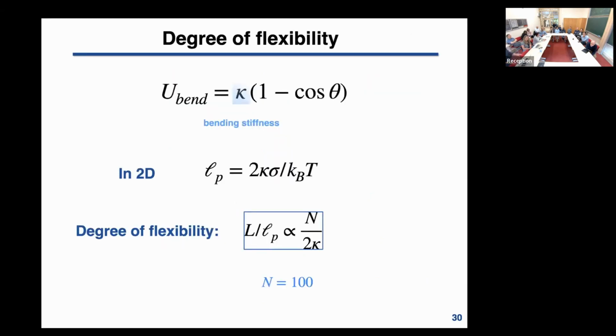And so in 2D, in this model, it is a more steep, divided by kBT, and the degree of flexibility can be varied. All the simulations I show from now on are for a fixed chain length of 100.